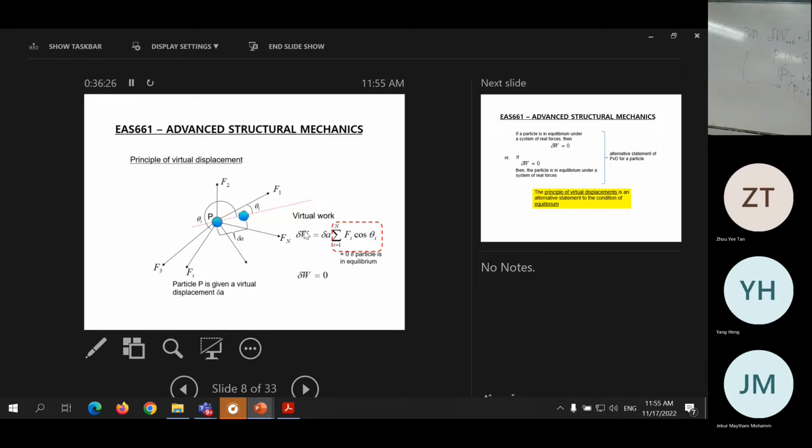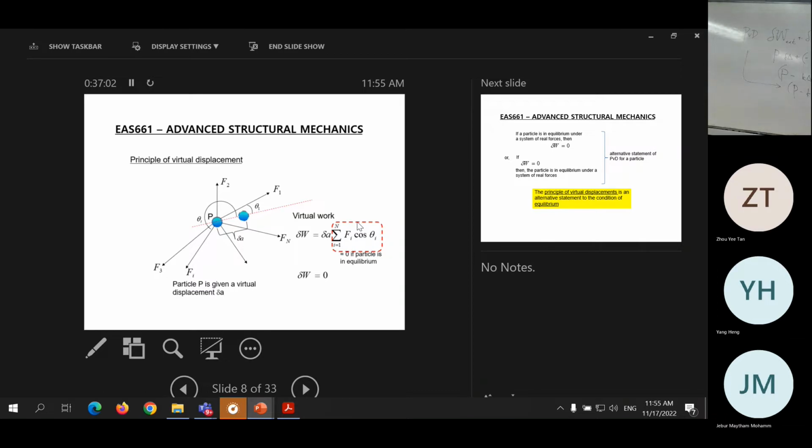So the term surrounded by this dotted red square is 0. If that is 0, then when you multiply by delta A, you get 0. Okay. So from here, we prove that if the particle is in equilibrium, then the virtual work done by the forces applied when the particle is given a virtual displacement will be 0. Okay. So we come to this statement here.